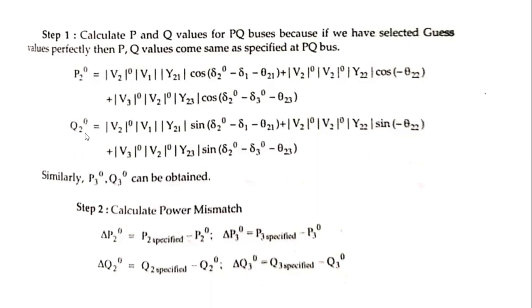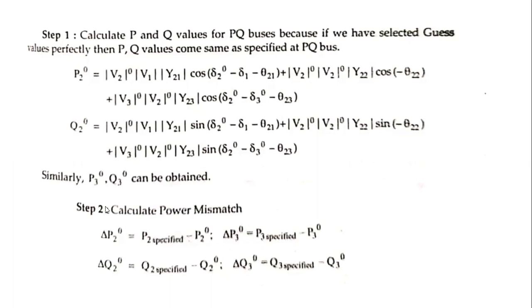Similarly, we can write Q2 naught; in Q2 naught, the cos is replaced with the sine term, which is the imaginary part of the P2 value. Similarly, we write P3 and Q3.